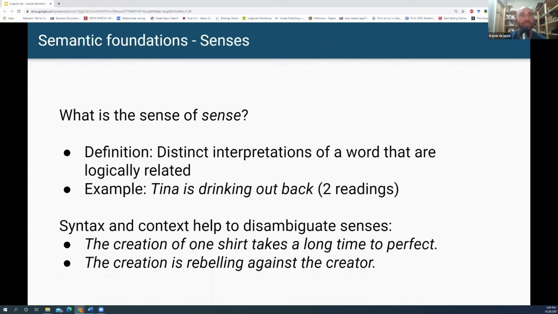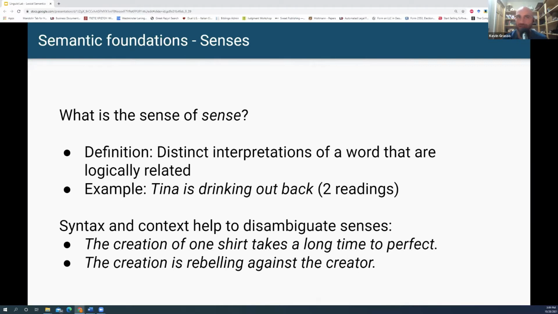So next we can talk about senses. Honestly, I hesitated to even put this in here because it's such a slippery word, and there are so many people that know way more about lexical semantics than I do that really don't fully understand what a sense is, even though we kind of know it exists intuitively.